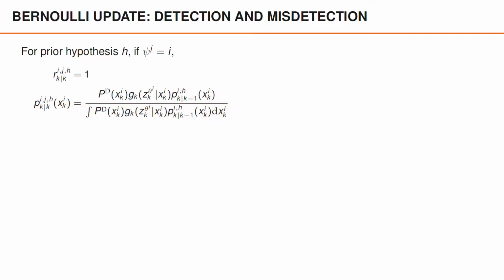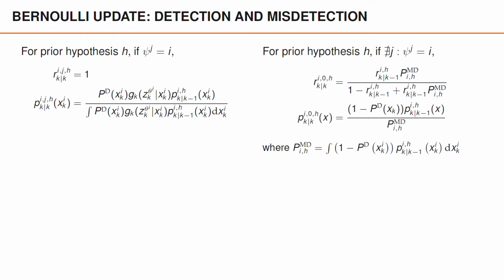And this is the same as we had in the multi-Bernoulli mixture filter for a Bernoulli that is associated to a detection. And for a prior hypothesis H, if there is a Bernoulli index i for which there does not exist any measurement index j such that psi j is equal to i, then the posterior parameters are given here.